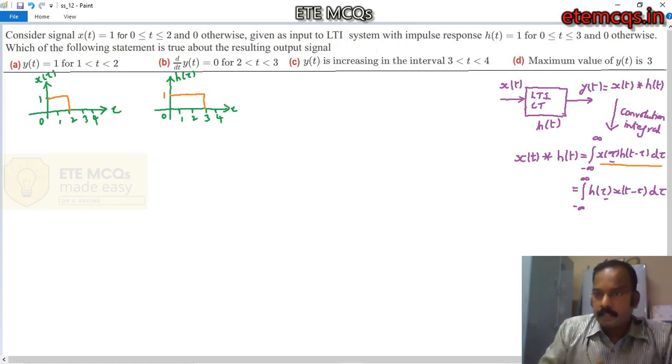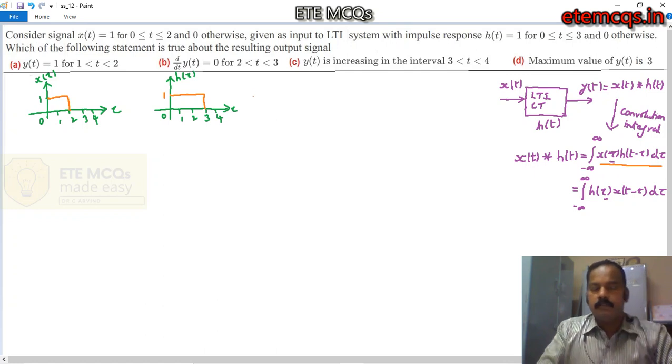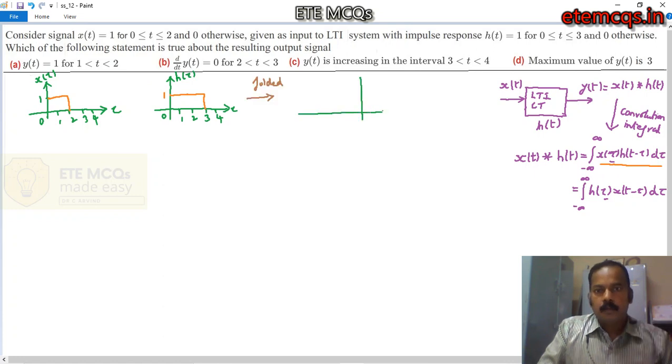Since we need h of t minus tau, after performing the folding operation, we will get h of minus tau.